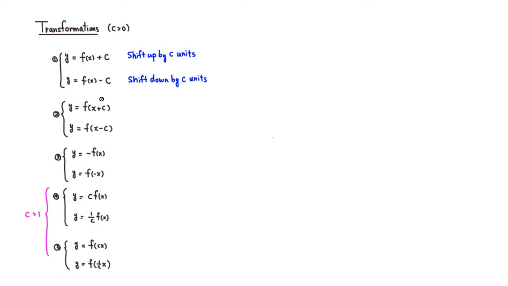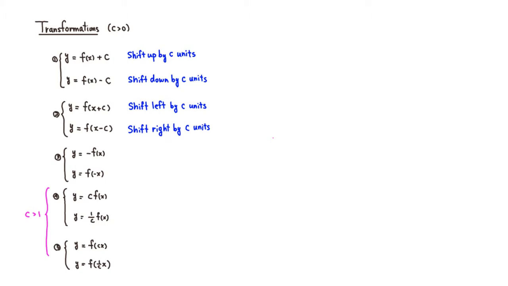Since you're adding c, you're actually moving in the negative direction. Subtracting c, you're moving in the positive direction. So a shift left by c units and a shift right by c units. Number 2 is a little bit counterintuitive.